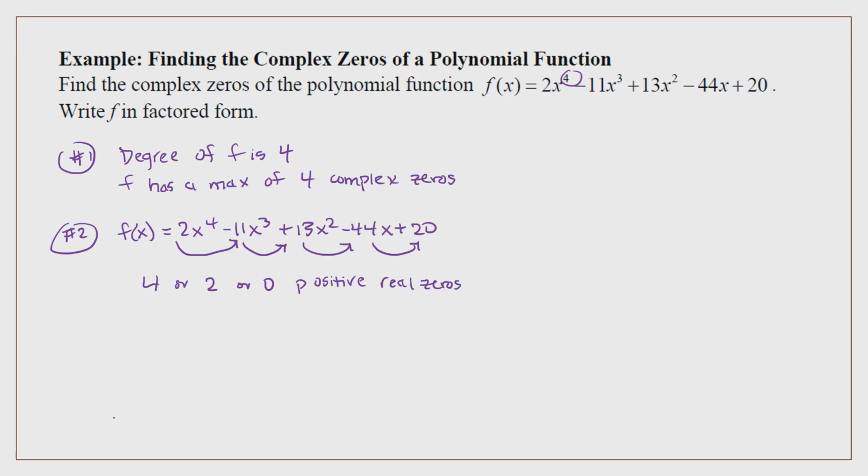Okay. Then to find the possible number of negative zeros, we're going to change the sign of each term that has an odd power.